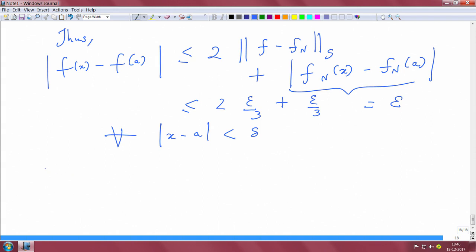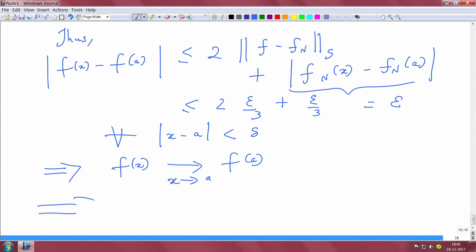So this implies f of x heads to f of A as x tends to A, which means f of x is continuous.